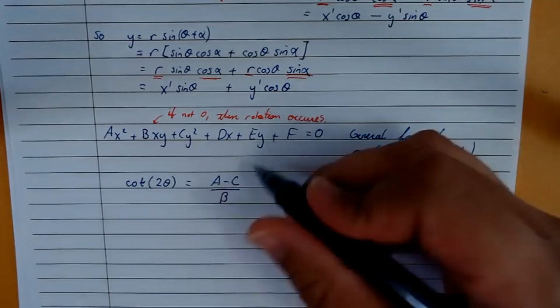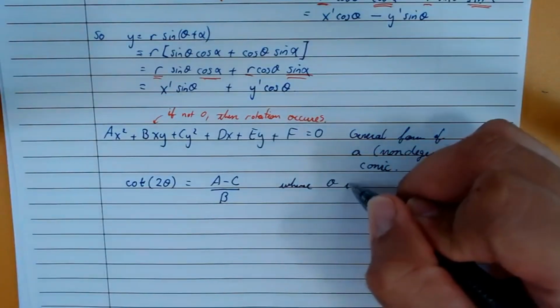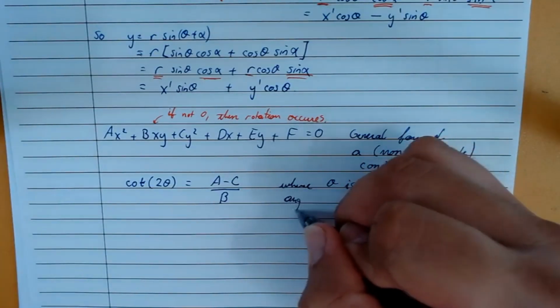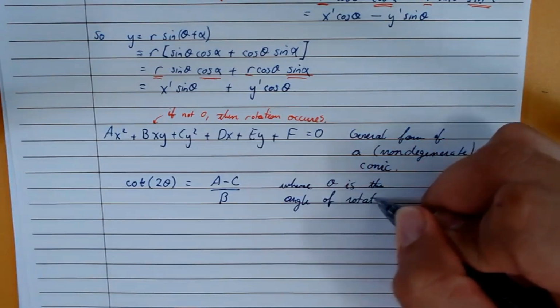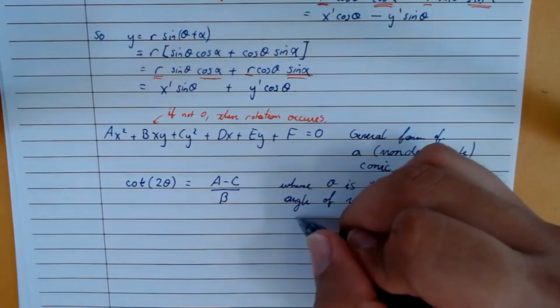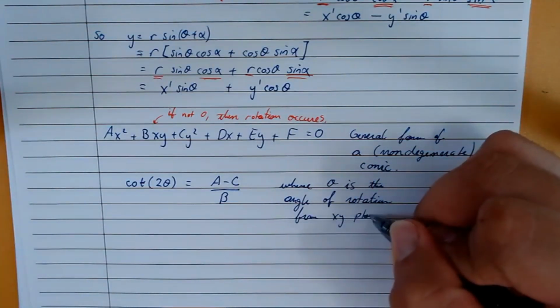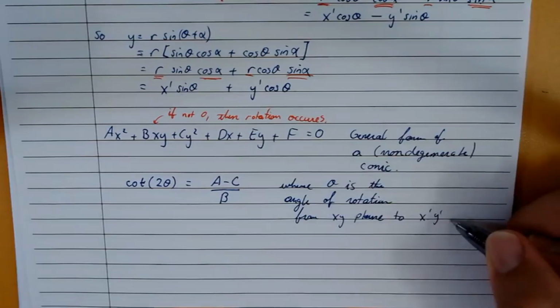All right, so here, theta is the angle of rotation between axes. Rotation, let's say from the xy plane to the x prime y prime plane.